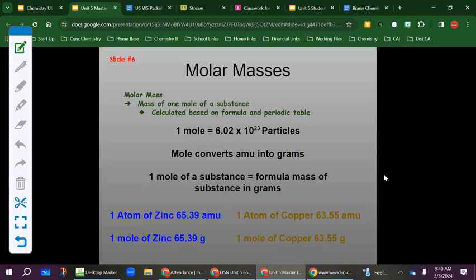Here is 1 mole of iron. What's the mass in here? 26 on your periodic table. Nope, the top one. 55.85. Bigger or smaller atom than copper?